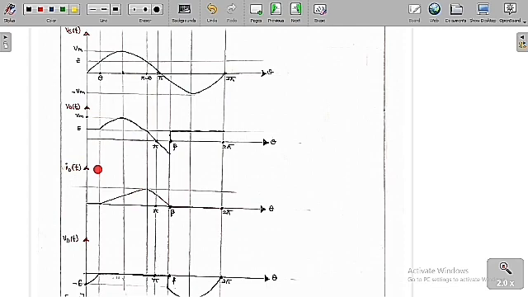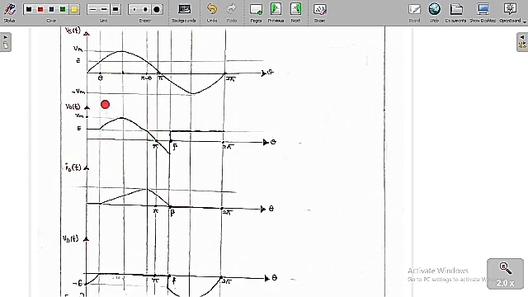So if you draw Vs of t minus E, we are going to get this, which is the voltage across the diode. You are going to get it in this format, from 0 up to angle beta. Because of the inductor, from theta to beta the diode is going to conduct.